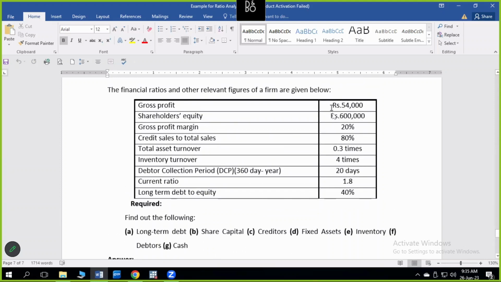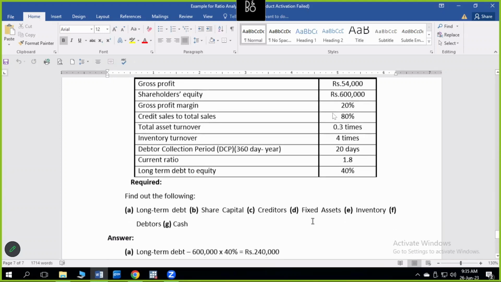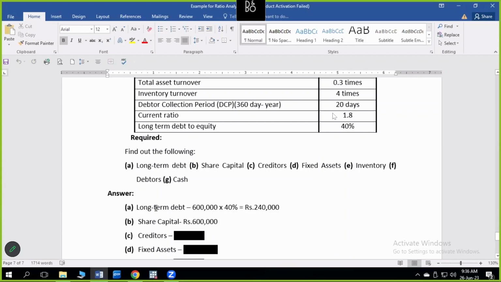The equity is given as 6 lakhs. The long-term debt is unknown, X. Solving that equation, you can find the long-term debt as 2 lakhs and 40,000.